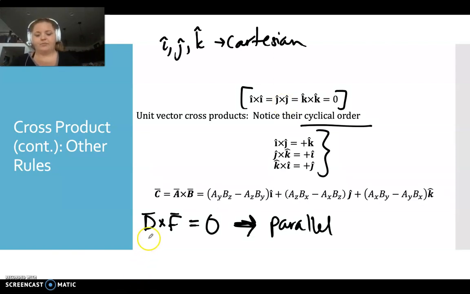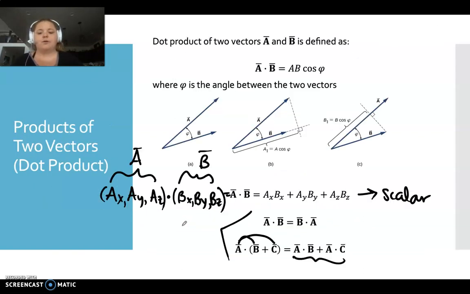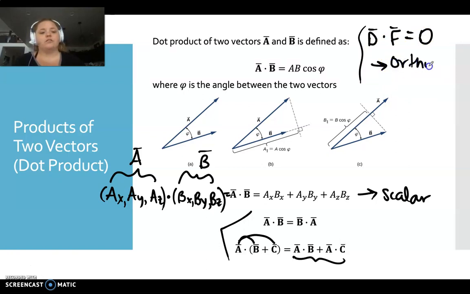But if we have some random vectors and we take the cross product and it equals 0, that means these two are parallel. Now let me go back to the dot product. If I take the dot product between d and f, and that equals 0, this means that these two are orthogonal, or they have a 90-degree angle between them.